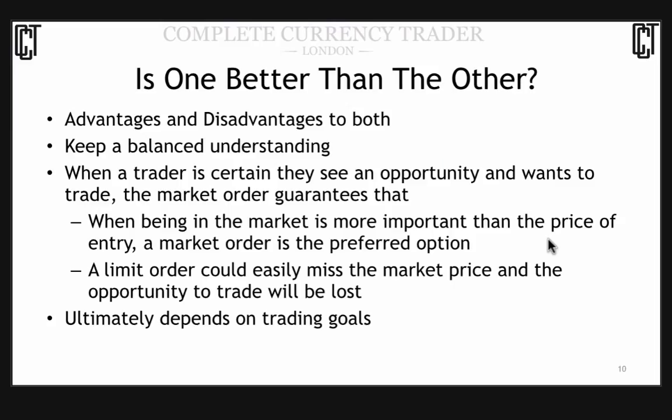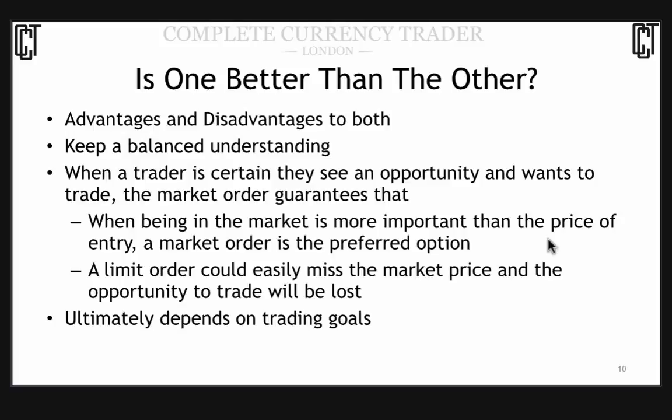Both of those order entries have advantages and disadvantages. The best thing here is just to keep a balanced understanding about it, because when a trader is certain that they see an opportunity and they want to trade, a market order guarantees that, but doesn't guarantee us the price, which a limit order can guarantee us.